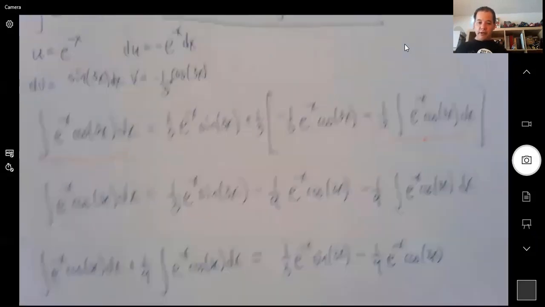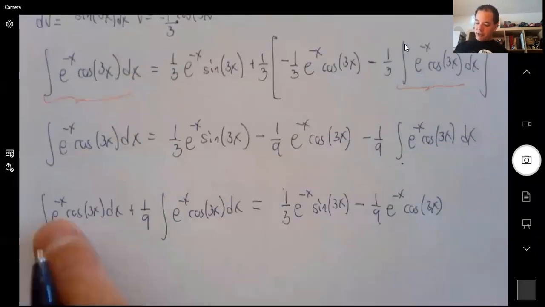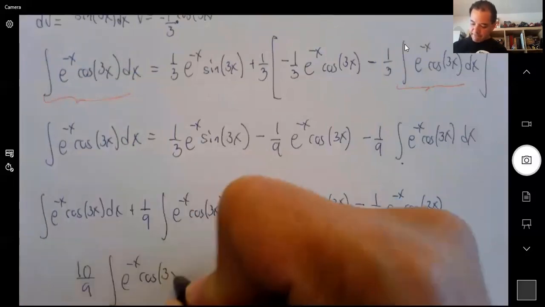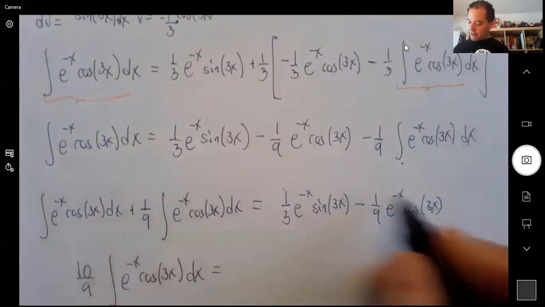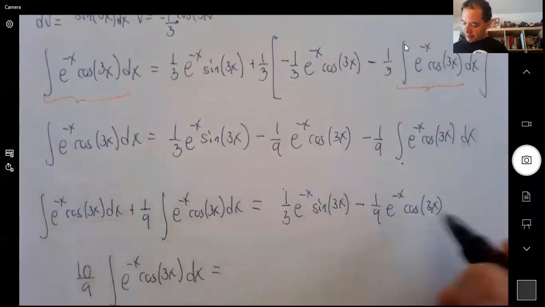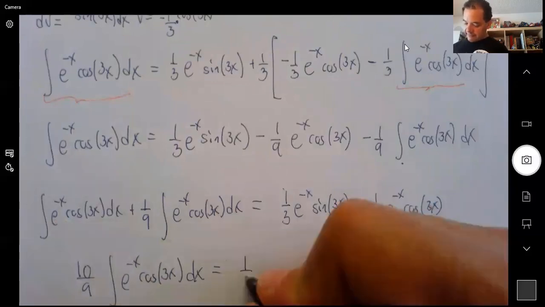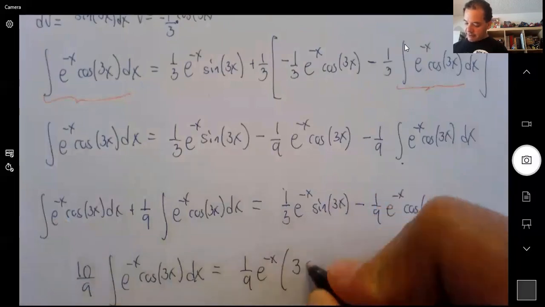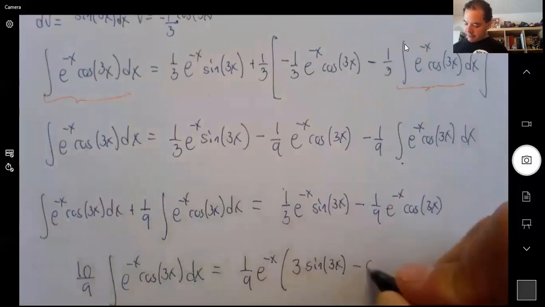Good. Then you combine these two, so a whole plus 1/9, that would be 10/9. And here, if you want, you can factor the 1/9 and the e to the negative x. So this will be 3 sine 3x minus cosine 3x.